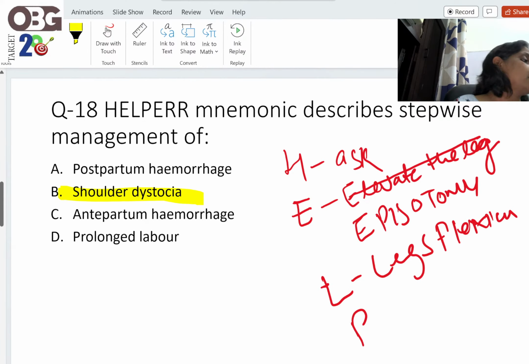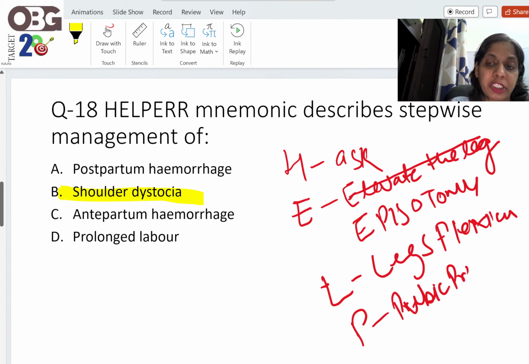And what does P stand for? Suprapubic pressure. It is not fundal pressure, it is pubic pressure.